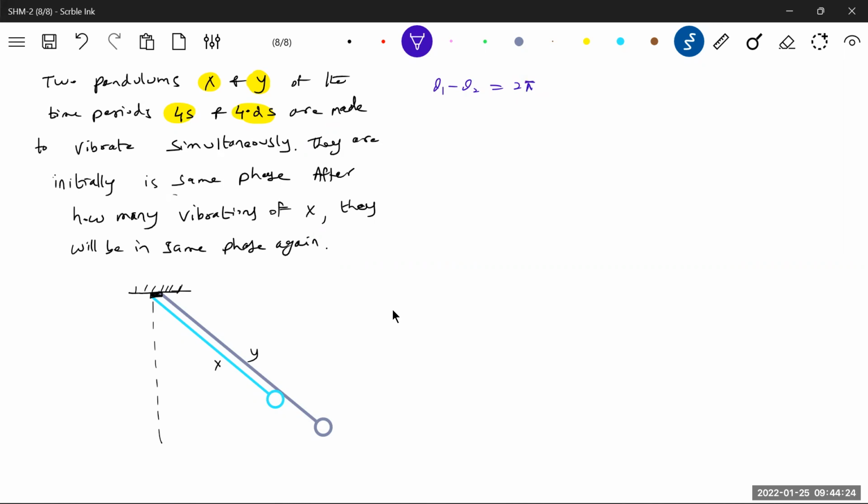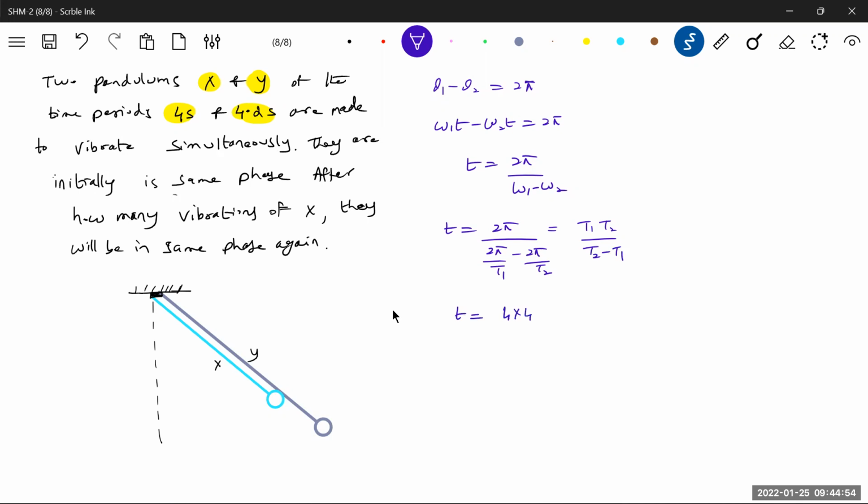So what is theta 1? So the time will be 2 pi. So this T1 will be 4.